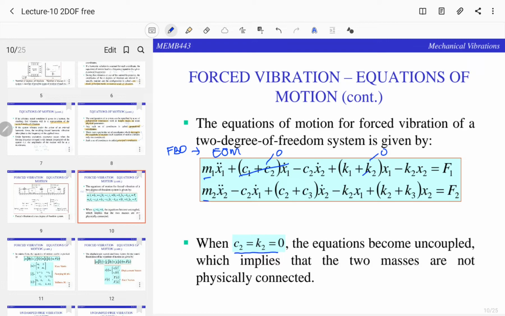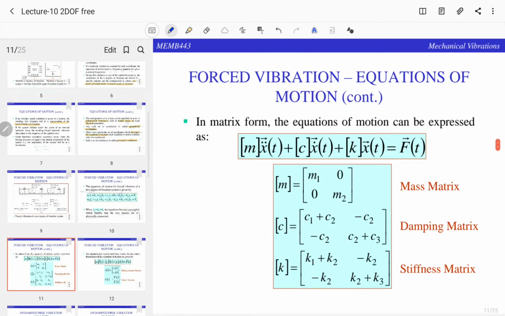You don't have that K2x1, but you still have c1 x dot 1 and k1 x1 and so on. So the equations become uncoupled, which implies that the two masses are not physically connected.